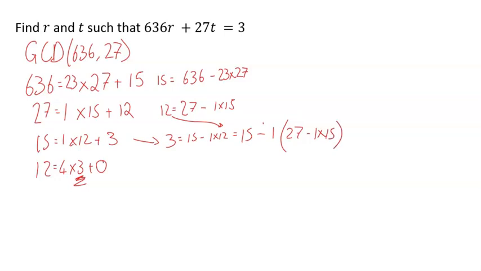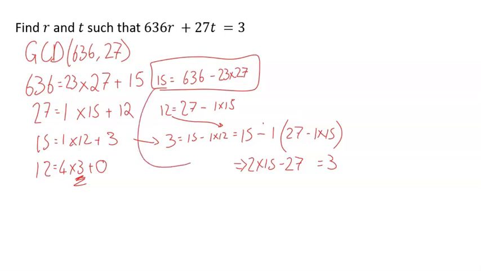What I can do, expand the brackets, gather everything that's the same together, and what I'll end up getting is that 2 times 15 take away 27, well, I know that's going to be equal to my 3. Well, I know I want the 27 kept in. Great. I now have to get rid of the 15. Well, this here, we'll take the 15 and put it in terms of the 636 and the 27 that I'm after. So what I'm now going to do is substitute that in.